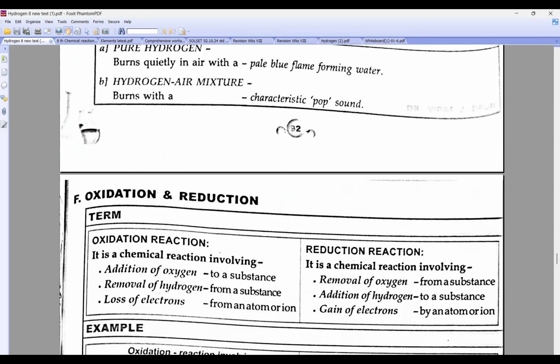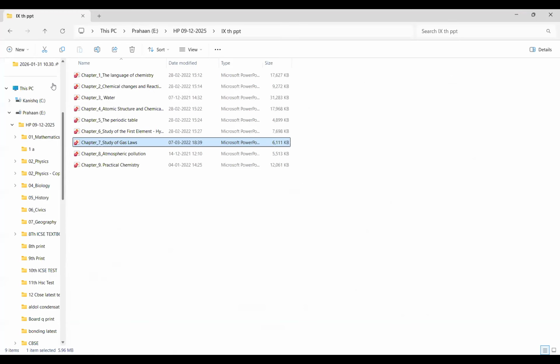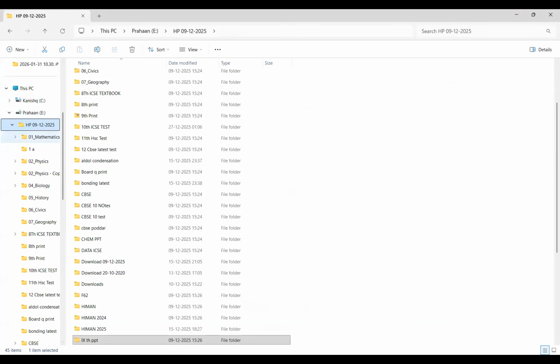Now for oxidation and reduction, we have done this. I hope all of you remember. Oxidation and reduction.